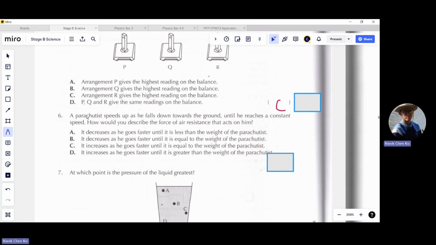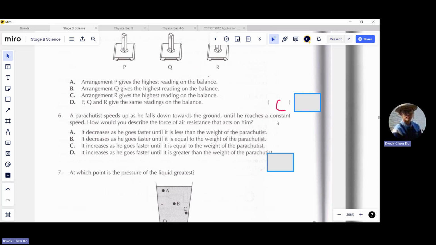Okay, first thing, do you agree that it's slowing down? There's a force that is slowing down. No, oh, sorry, it speeds up. I go in the positive direction. Okay, it speeds up as the force influences the ground until it reaches a constant.